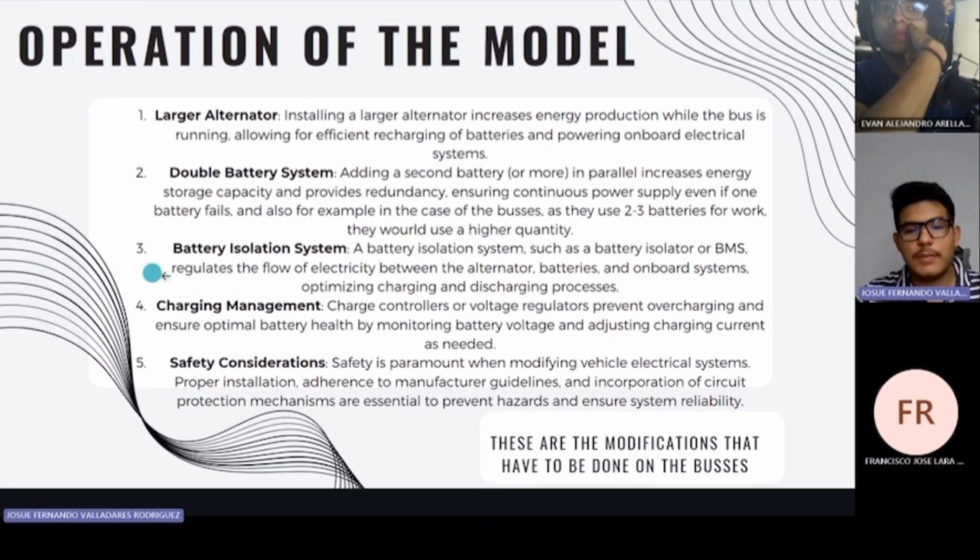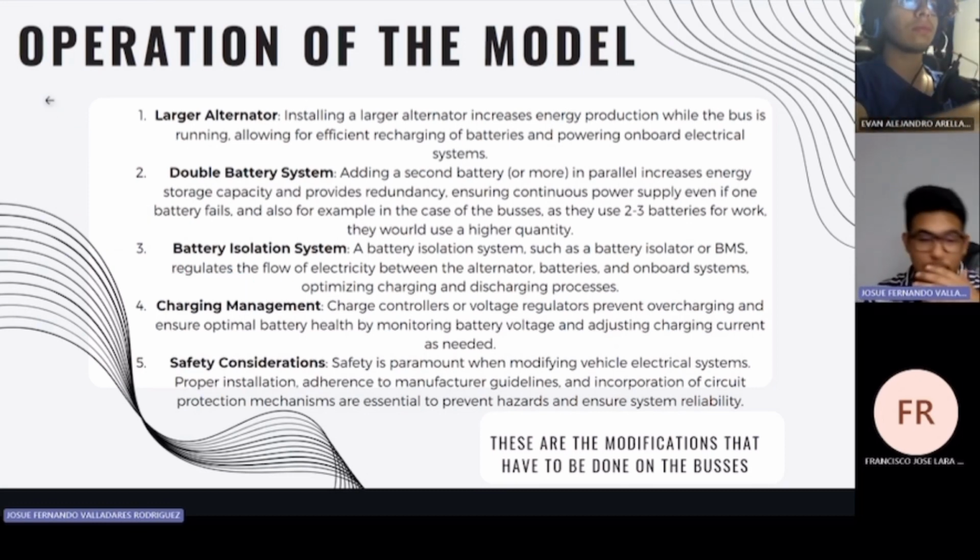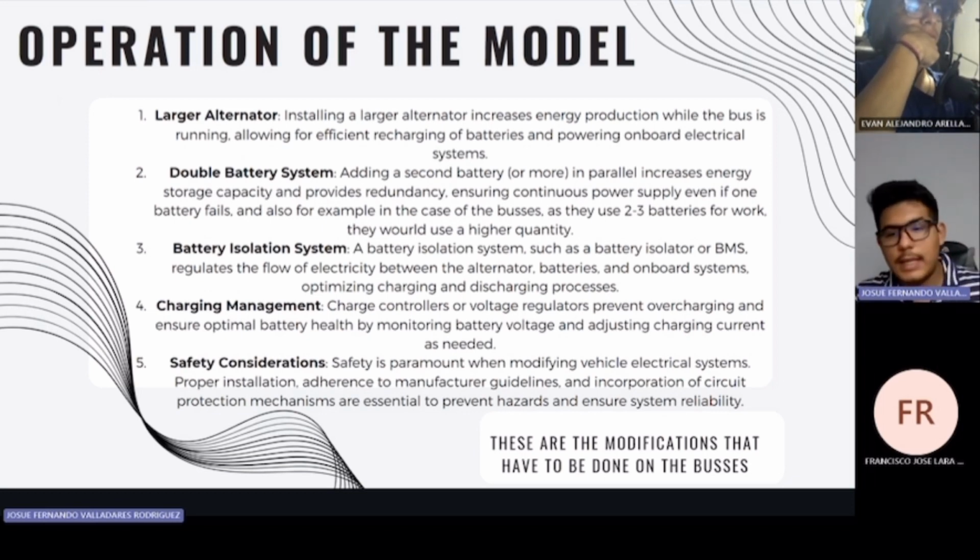And also the charging management, because the charge controllers or voltage regulators prevent overcharging and ensure optimal battery health by monitoring battery voltage and adjusting charging current as needed.